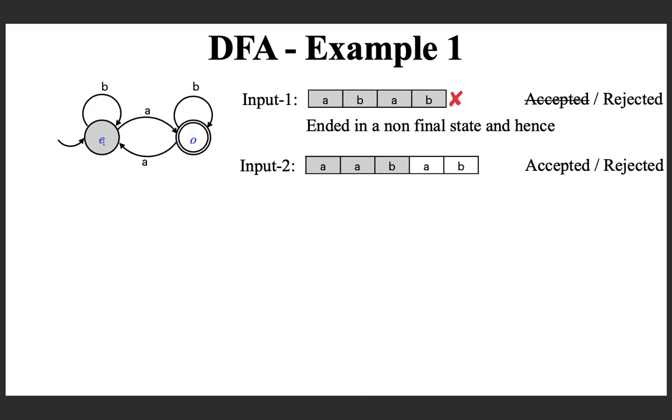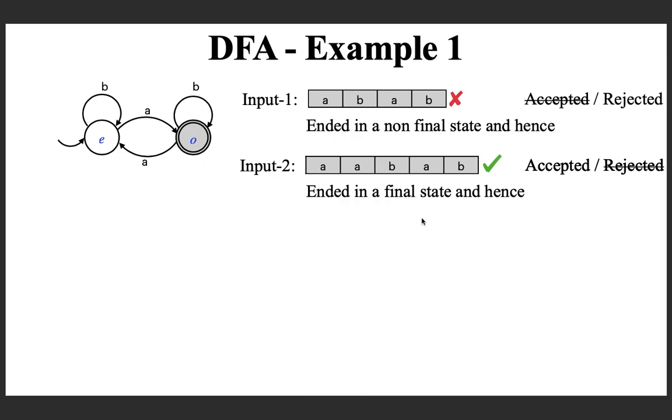Small a. If you process that input, you are going along the transition for A, coming to O. And the last input symbol is B. If you process it, this is the transition, and this time you ended up in a final state. So you can say that the input is accepted, right? Because it ended in a final state.